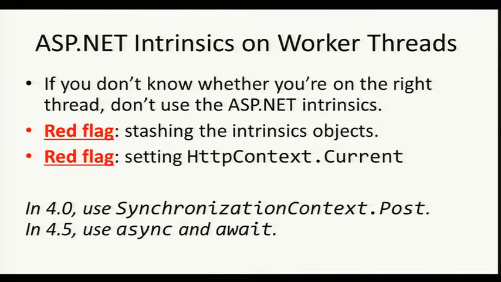Yes, that's true. Async and await are going to capture the sync context for you and then ensure that any work that's done after the async work is finished comes back via SynchronizationContext.Post. But if you have some random background thread and then you call async await, there's no synchronization context there, so you're not going to get any benefit. So you really have to be aware of what thread you're on before you even start dispatching asynchronous work. Absolutely.